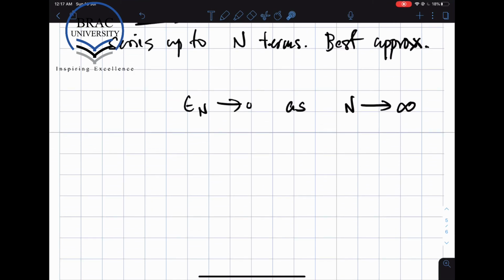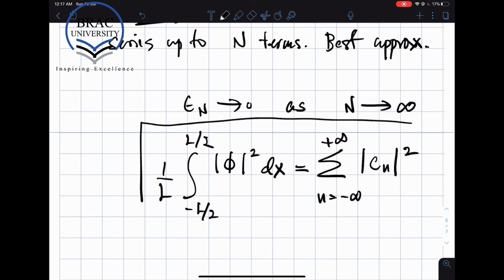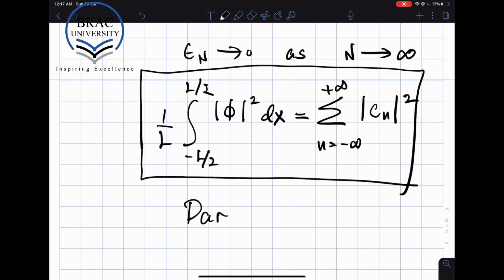So in that limit, what we get is 1 over L, the integral from minus L by 2 to plus L by 2, then phi squared d of x is equal to the summation where n goes from minus infinity to plus infinity, then we have cn squared. So this is a very important result, and this is known as Parseval's formula.